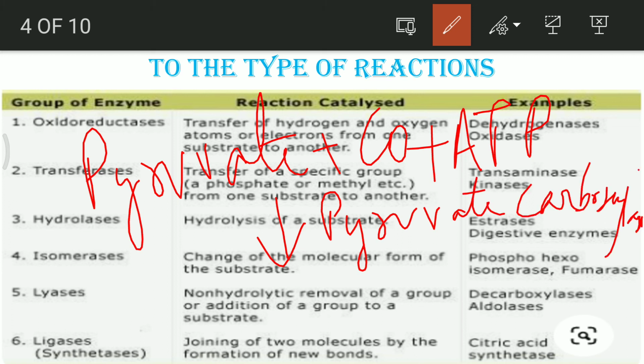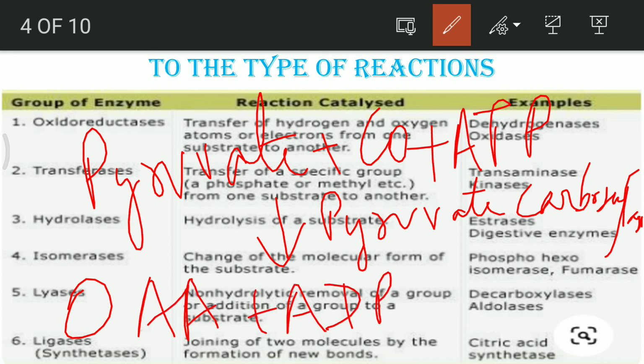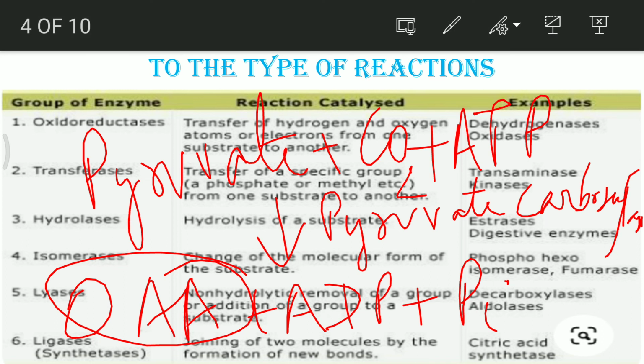It forms oxaloacetate and ADP. So this oxaloacetate is the substance which is formed after addition of pyruvate and carbon dioxide. 4 carbon atom oxaloacetate, 3 carbon atom pyruvate plus 1 carbon atom carbon dioxide. So this is the synthesis reaction which occurs for the formation of oxaloacetate.